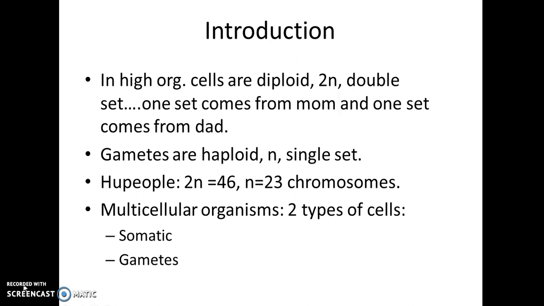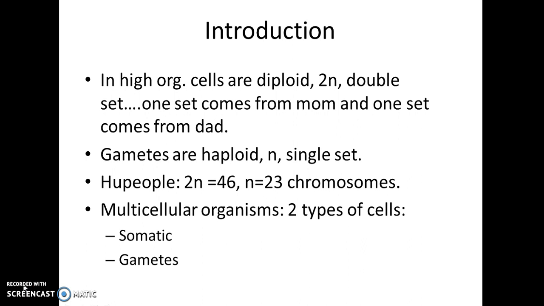So in higher organisms, cells are diploid. 2N is the abbreviation for diploid, which means double set. Why is it a double set? Because one set comes from mom and one set comes from dad.